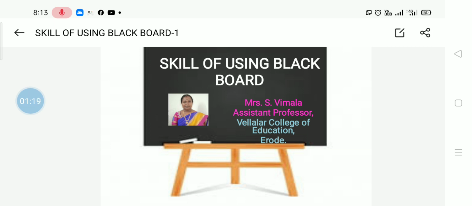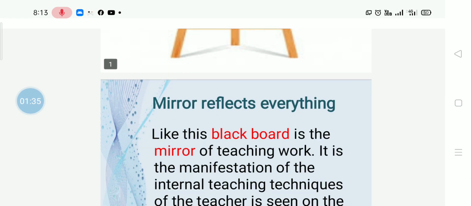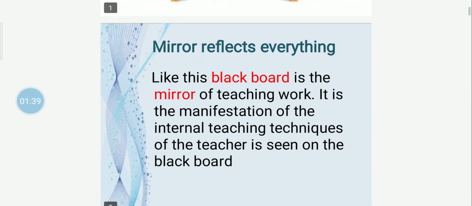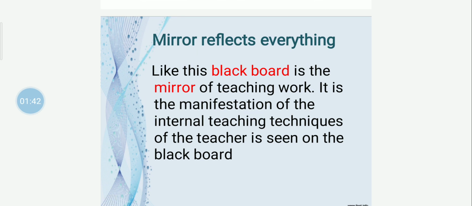What does the mirror tell us? The mirror reflects everything. Like this, the blackboard is the mirror of teaching work.